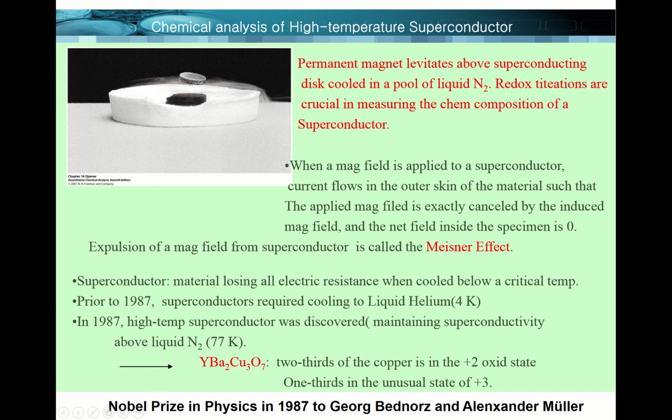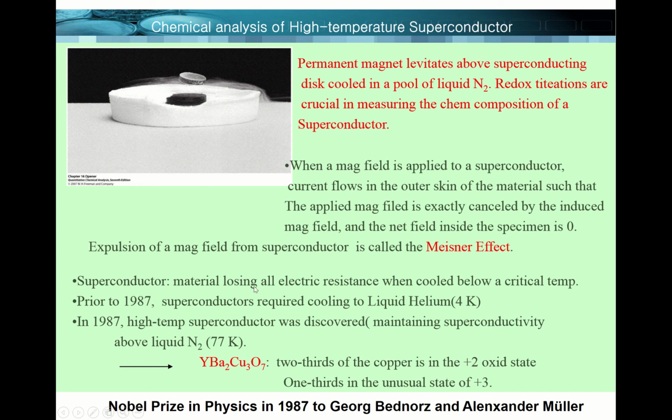So people called it high temperature superconductivity, and those materials are called high temperature superconductors. In 1987 they were awarded the Nobel Prize in Physics.